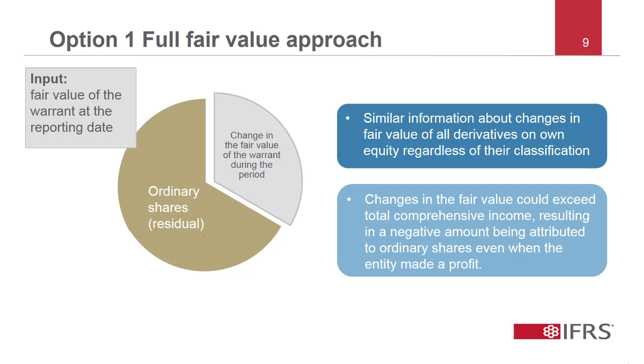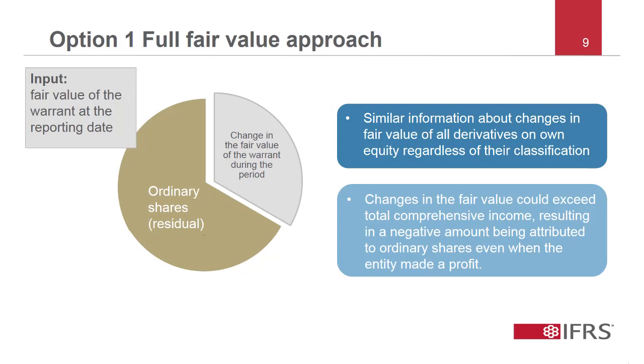Under this approach, the fair value of the derivative would reflect the probability that the ordinary share will be issued as the derivative is exercised. In contrast, applying IAS 33, the calculation of diluted earnings per share or diluted EPS reflects only the intrinsic value of the warrant.